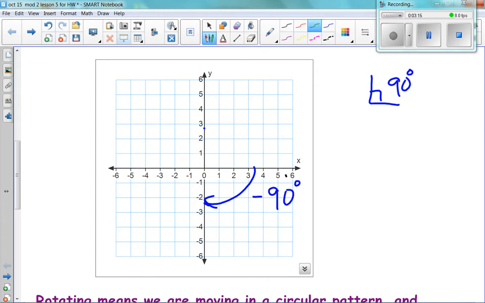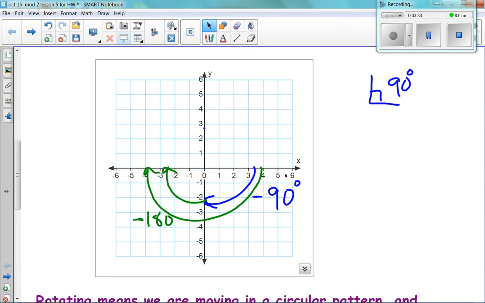Let's say we continue this clockwise rotation, and we want to move from the y-axis to the x-axis. Well, that's another negative 90 degrees, or we consider it negative 180 degrees.